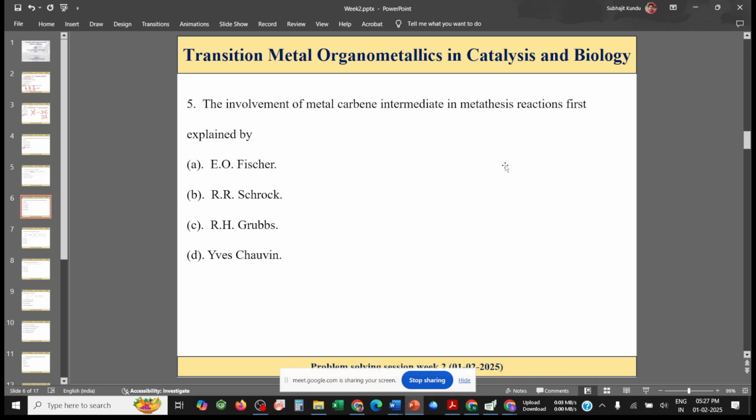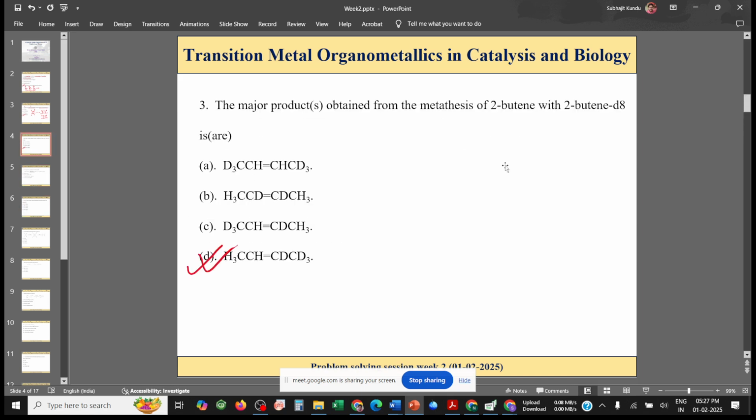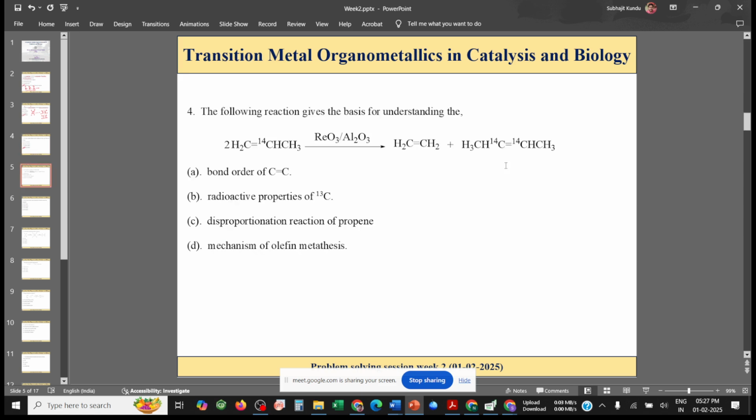So here the answer will be to find the mechanism of this olefin metathesis reaction.